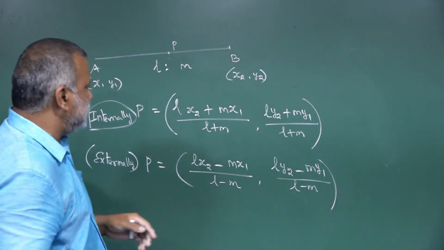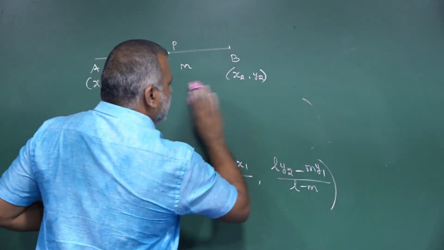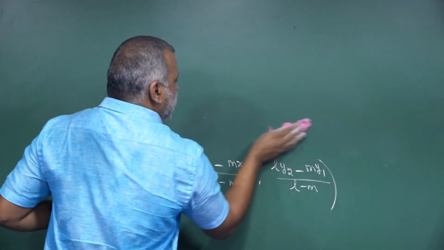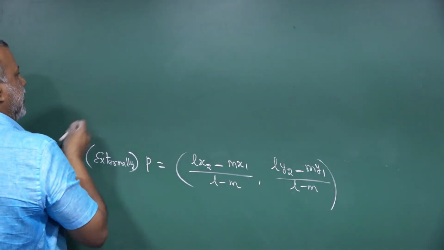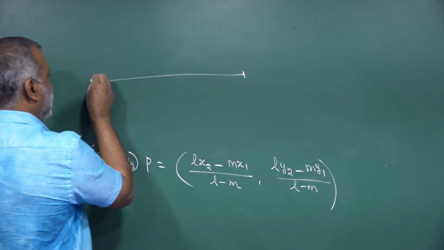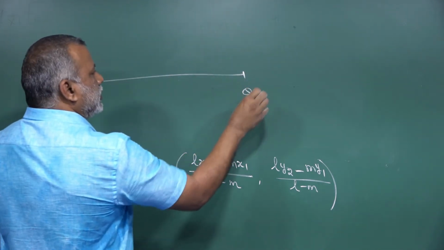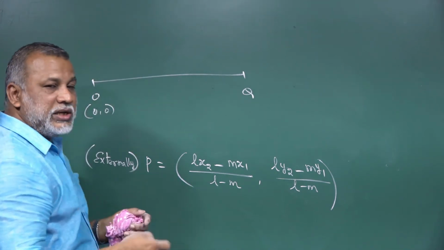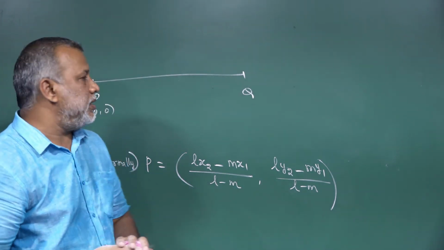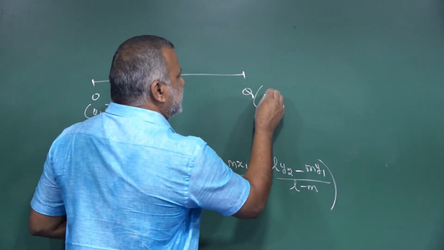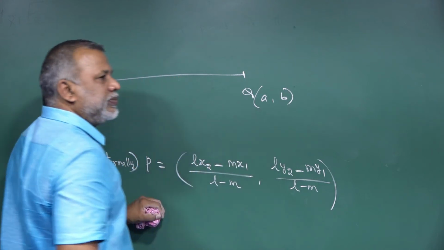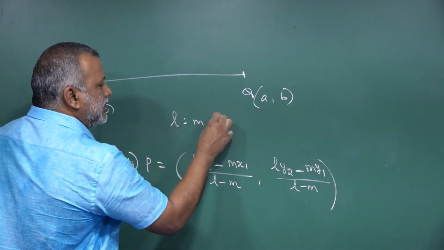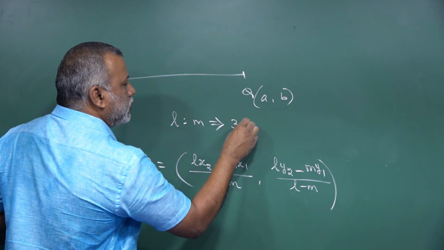Now we take down this concept here. Read the question. Q is a point. First they are giving this idea. OQ, here OQ, O is the origin. Already they are giving in the question itself that O is the origin. Q is an unknown point. I can select A, B. In the ratio L:m, instead of this L:m, they are giving 3:4.